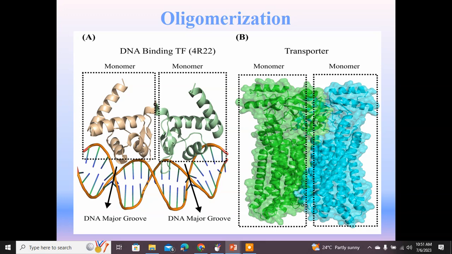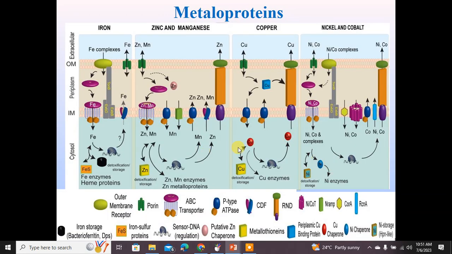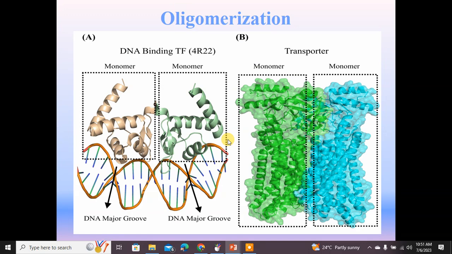In panel B, this is a transporter, and I told you in an early slide that transporters are normally located on the membrane. The transporters also most of the time work as a dimer. You can see here one monomer, and this is another monomer, separated by a different color.